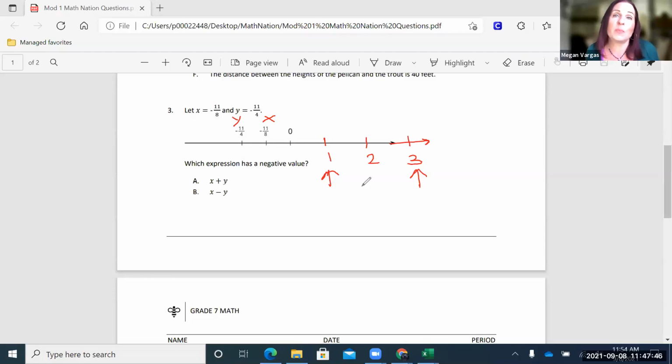That will always be positive. Always, always, always. When you do a bigger number minus a smaller number, it will always be positive. That's what it's asking you here, basically, is what happens when you do a bigger number minus a smaller number. Okay, that's what this is. It's bigger minus smaller.